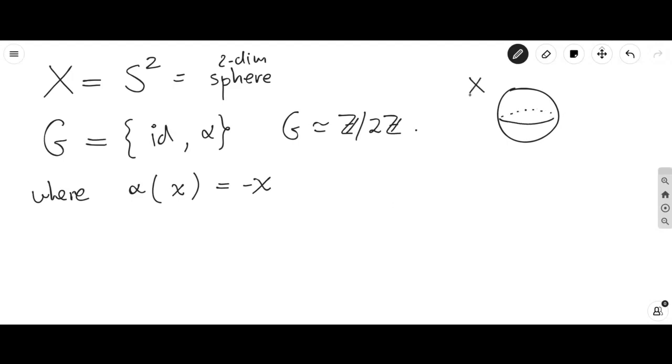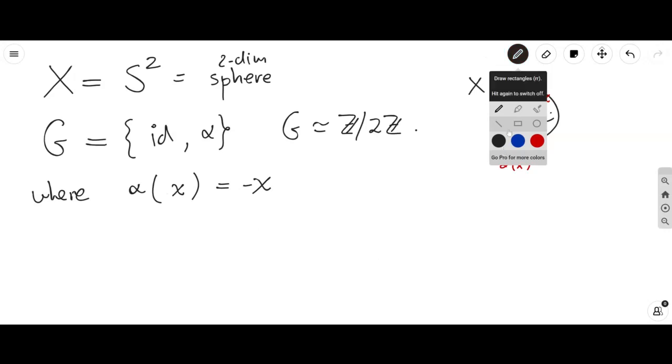So this is X, and if you have a point on X, let's say lowercase x, alpha of x is the antipodal point, negative x. This is alpha of x. And these two are being identified together. So x and negative x are being identified together.